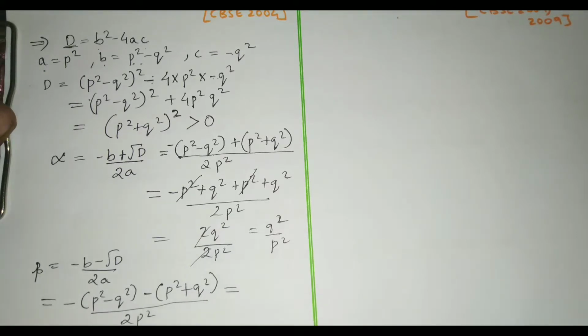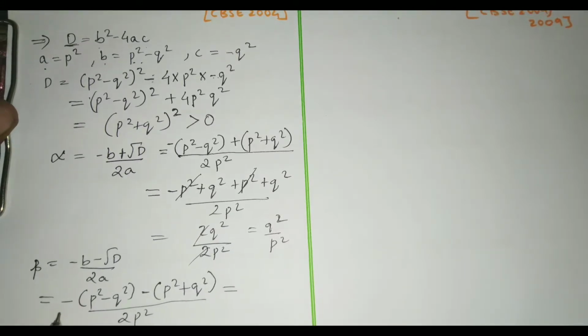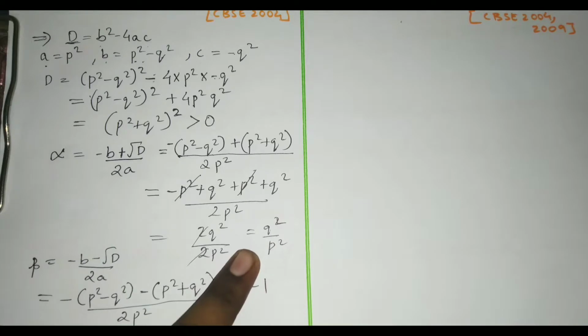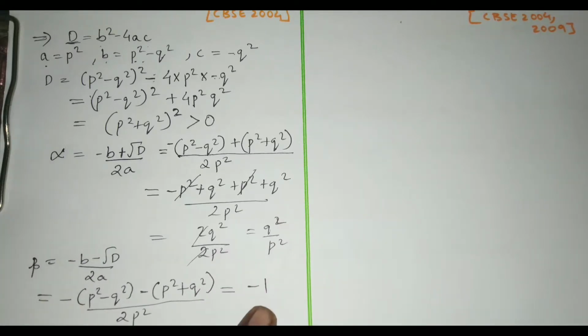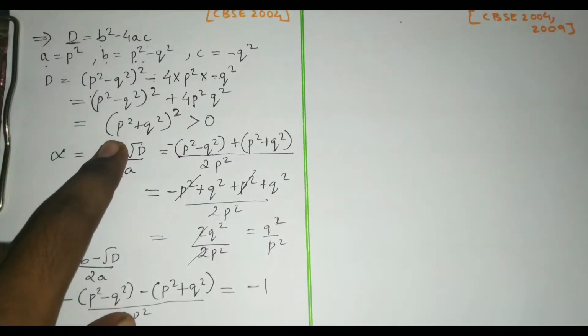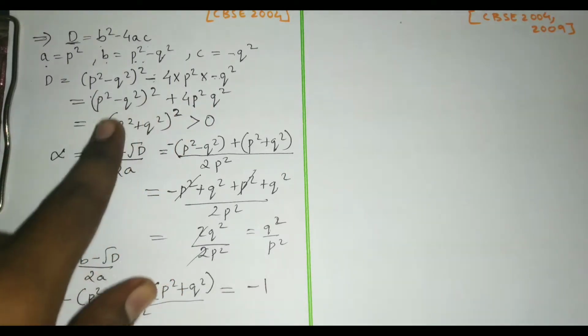So this is minus p square plus q square, the terms get cancelled, and you will get minus 1. You can simplify and find the answer. So this is the procedure you have to follow. We got the roots as alpha equal to q square by p square, and beta equal to minus 1. This you have to remember.